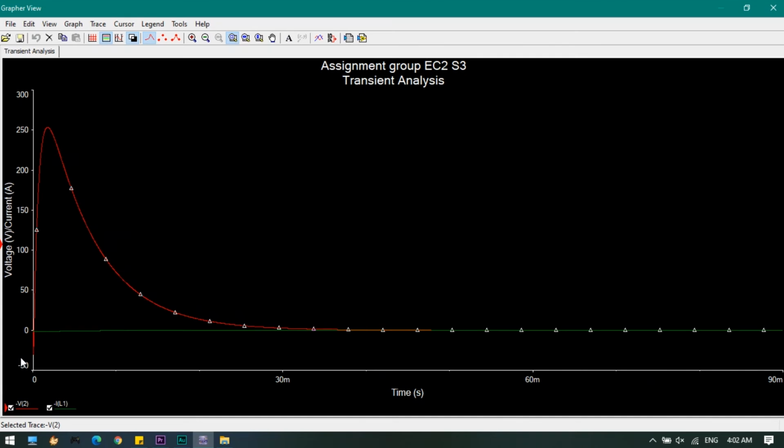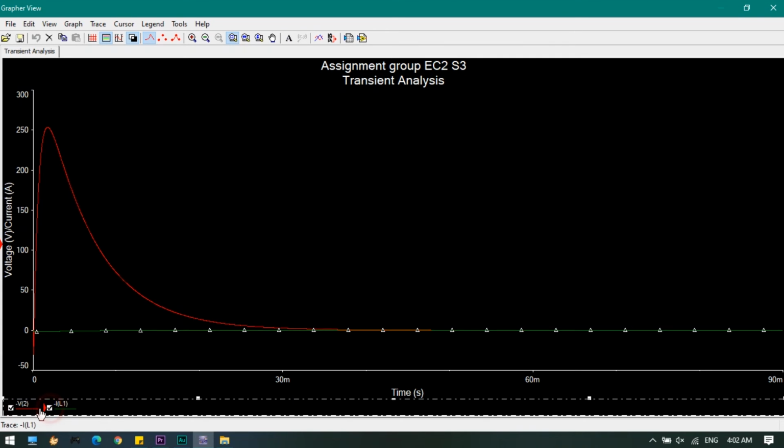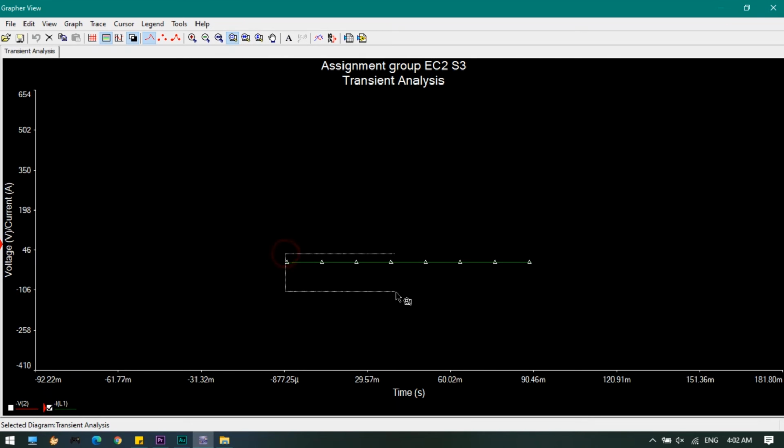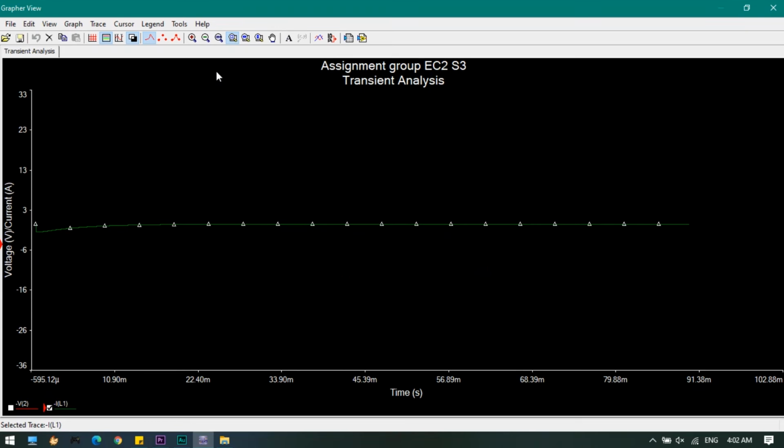I put the negative so that the voltage graph will go up and the current graph will go down. Then we simulate, and as you can see, this is the graph for the overdamped case, 90 millisecond. This is the voltage, which you can see in the report, and then this is the current.